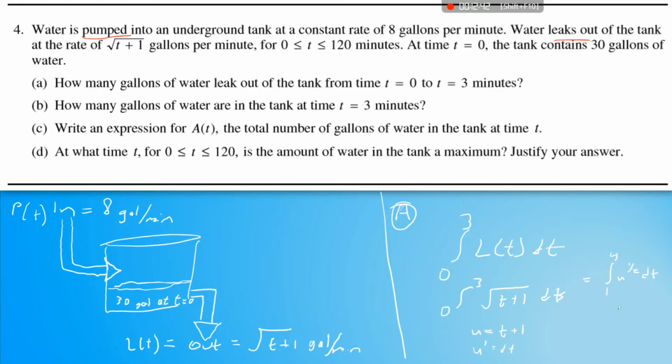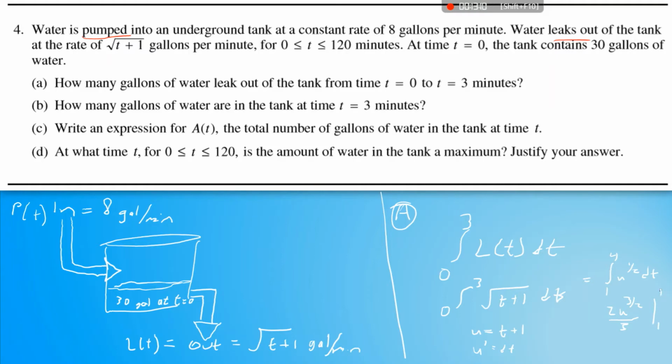Okay, and you said this would be u to the 3/2 power, and then divide by the new power. So if I'm dividing by 3 over 2, then I'm really multiplying by 2 over 3. If you divide by a fraction, you can flip and multiply.